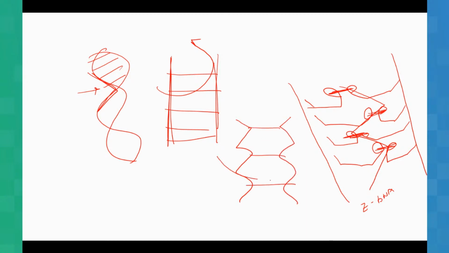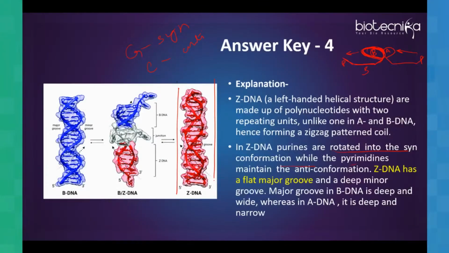So when you twist this ladder, there is hardly any groove left. So this is how Z-DNA looks. The part with more opening towards the surface, instead of going like a groove, is protruded out towards the surface. That's why here you don't have any groove.